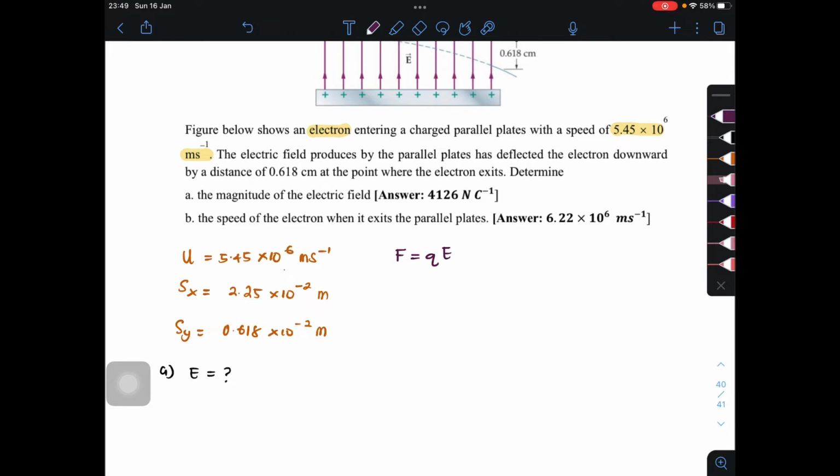And since this one is under case number 2, we have projectile motion, meaning that we involve acceleration. So force is also equal to mass times acceleration. From here, we can see that QE is equal to MA. So we can get the electric field from the acceleration.